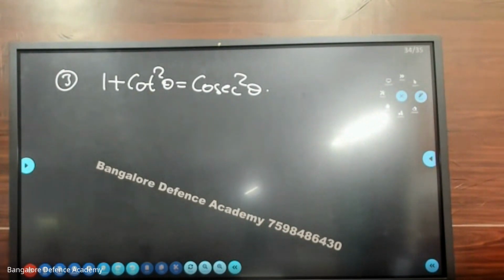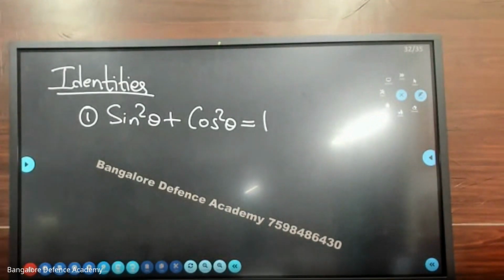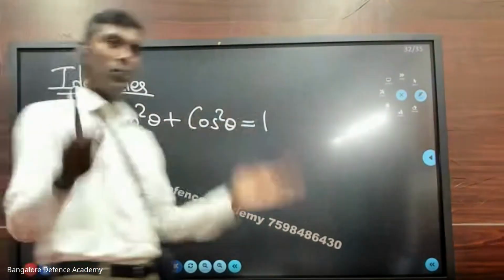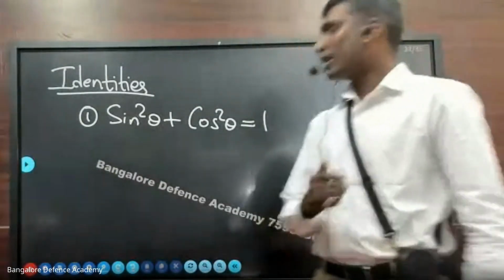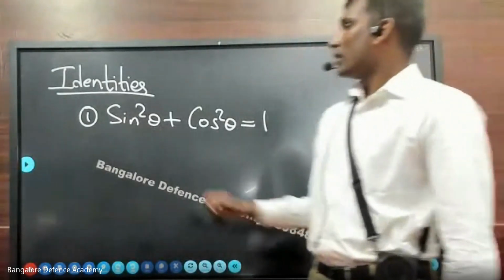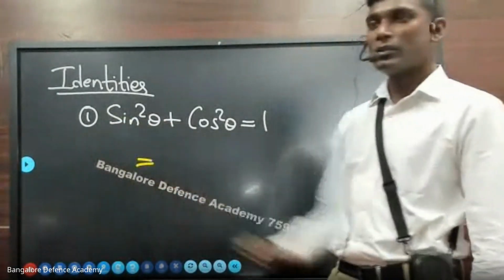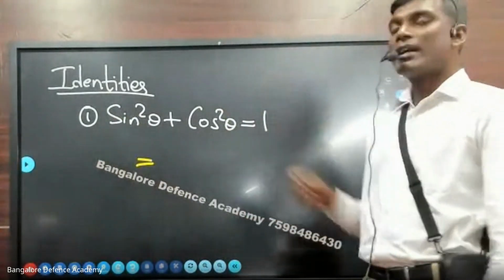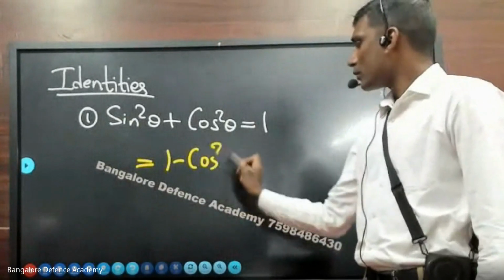Fine. Some of the textbooks say that this book has so many formulas, and if you learn those formulas, you will pass the exams. Now look at how they present the formulas. Suppose I keep sine square theta on the left hand side, and cos square theta goes to the right side. What happens? 1 minus cos square theta.